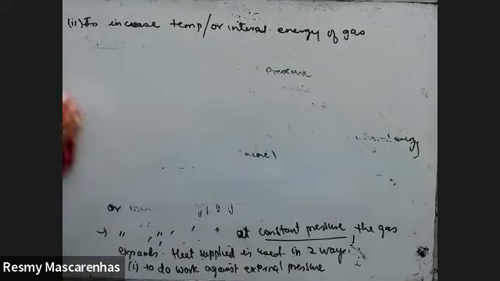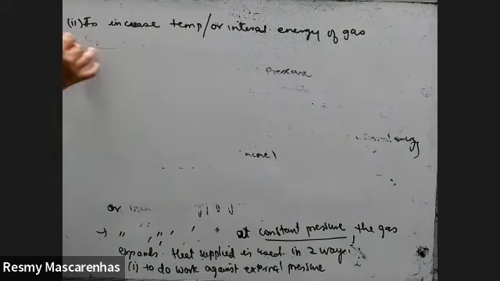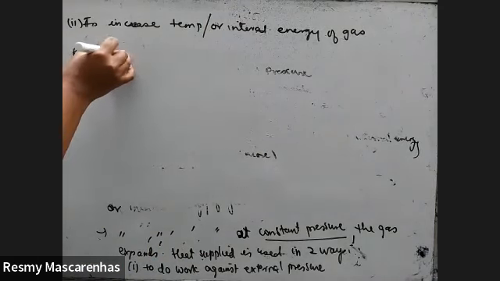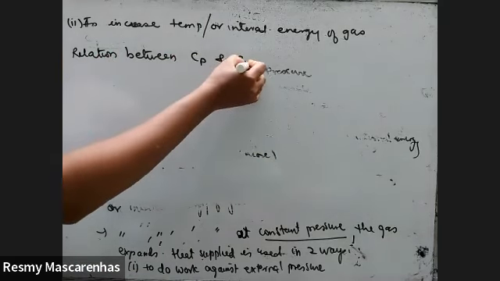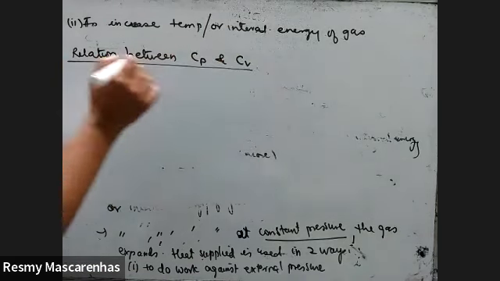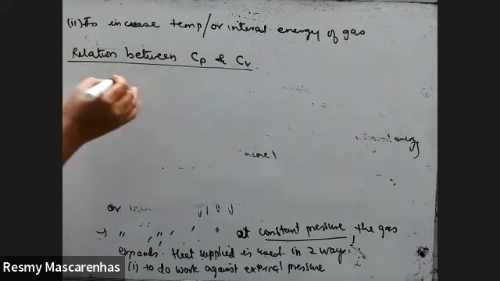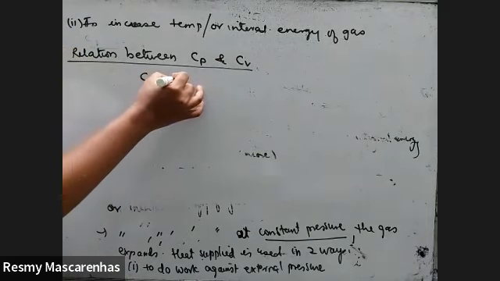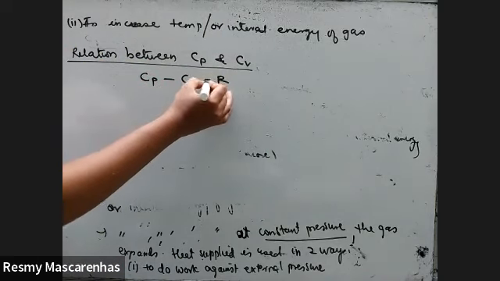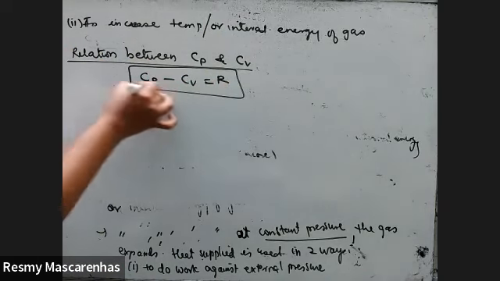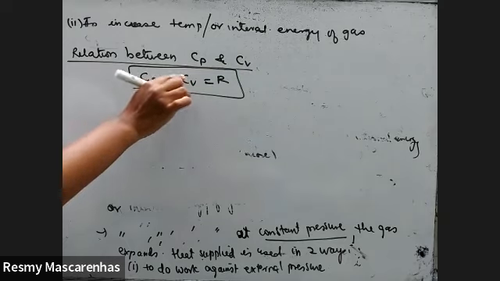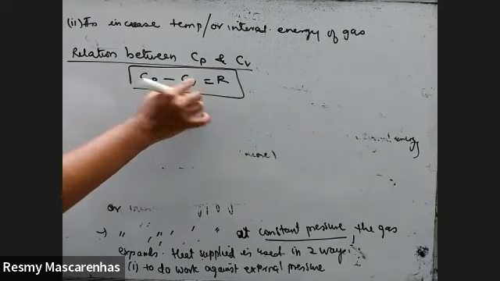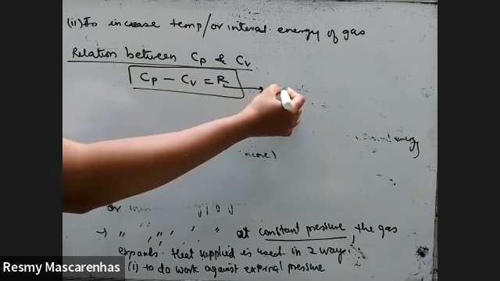Now what is the relation between Cp and Cv? The relation is given as Cp minus Cv is nothing but R. Cp is the specific heat capacity at constant pressure, Cv is the specific heat capacity at constant volume, and R is the gas constant.